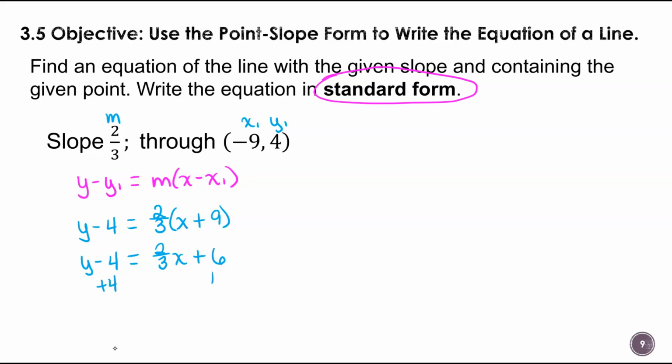We add 4, and we find that our equation is y equals 2/3 x plus 10. Now, this is in slope-intercept form, and I need it in standard form. Remember, standard form is ax plus by equals c, and we don't leave fractions in the equation when it's in standard form.